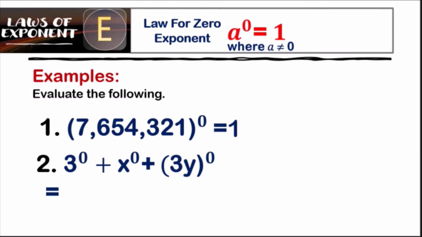That is equal to, applying the law, 3 raised to 0 is equal to 1 plus x raised to 0 is equal to 1 plus the quantity of 3y raised to 0 is equal to 1. Simplify. 1 plus 1 plus 1 is equal to 3.